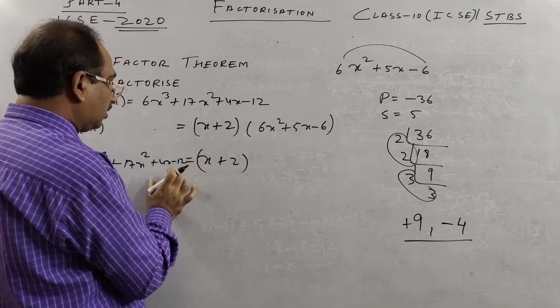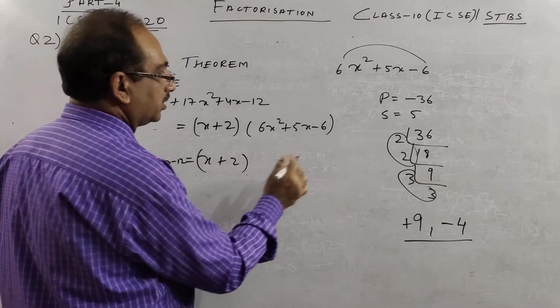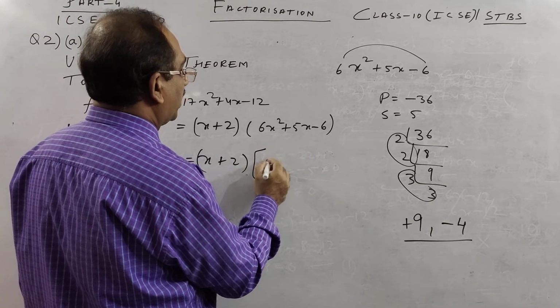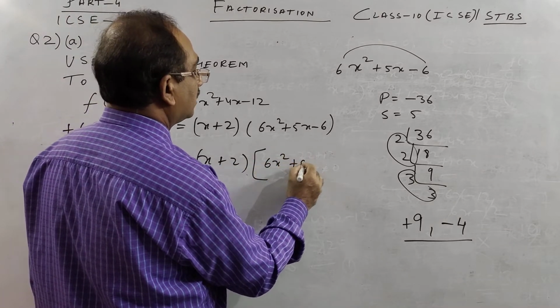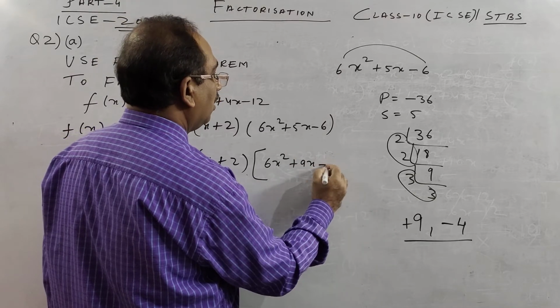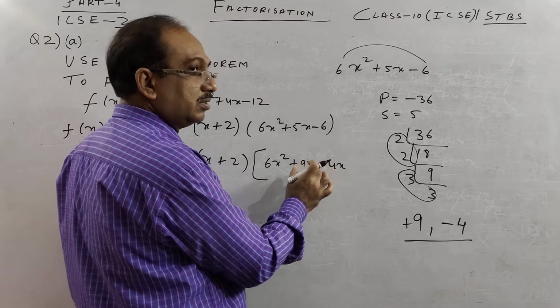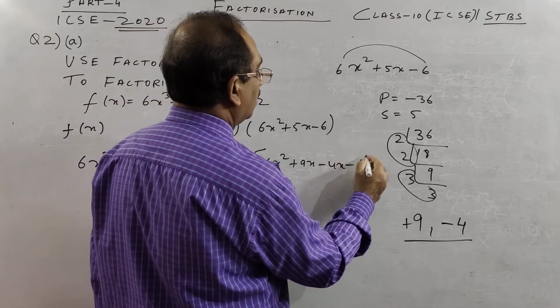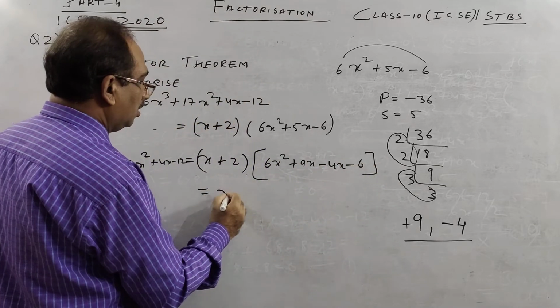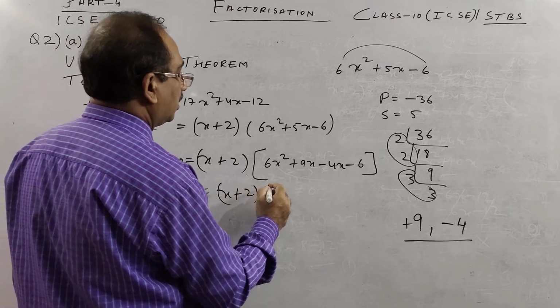So this is a product of 3 factors, this is a cubic equation. Here see the use of brackets, 6x square plus 9x minus 4x. If you see, children, this is the big middle term breaking called trinomial. Now where you will get the last mark, I'll tell you.